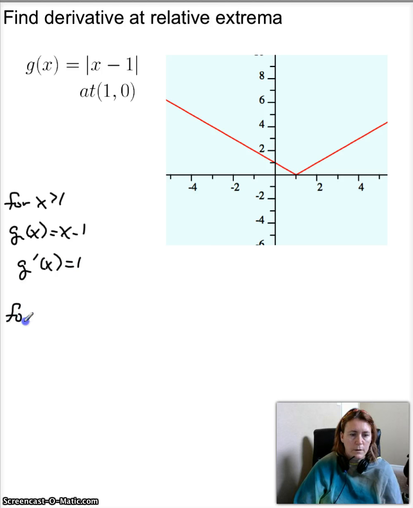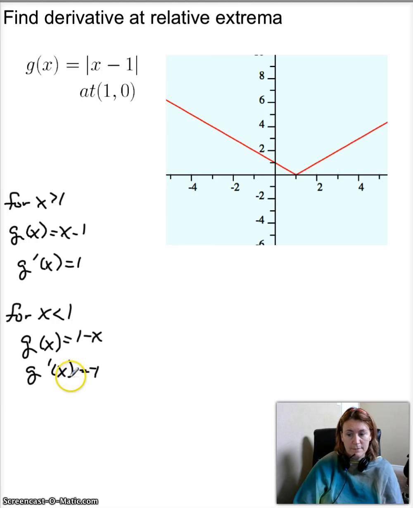For x less than 1, g of x is 1 minus x. So g prime of x is negative 1. Ooh, these two do not equal. Therefore, this is not differentiable at that point.